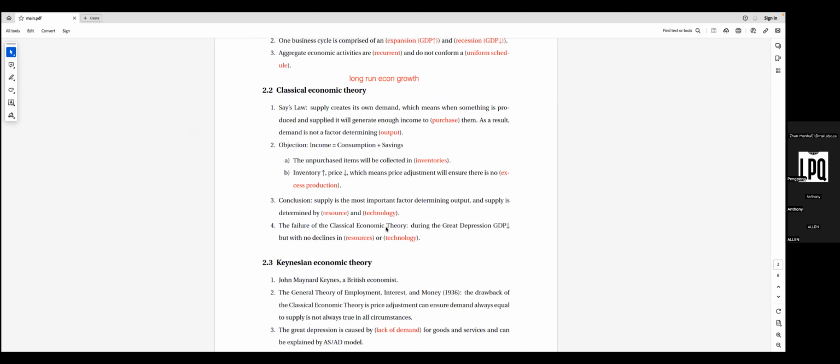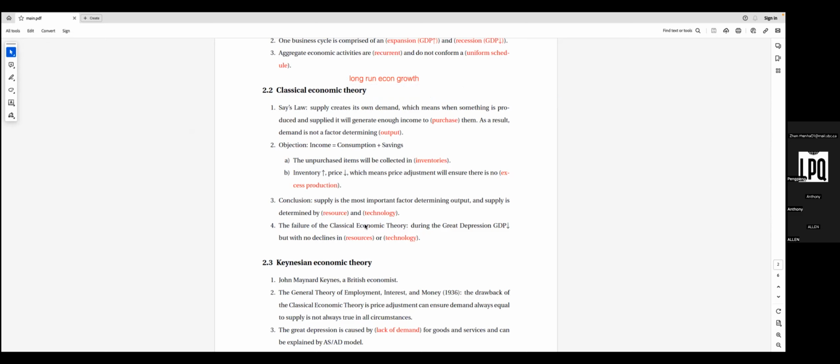The long-run economy is really determined by resource and technology. This part is right. This is a good thing contributed by classical theory.